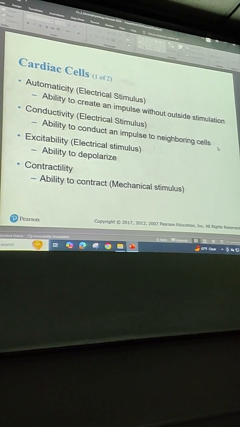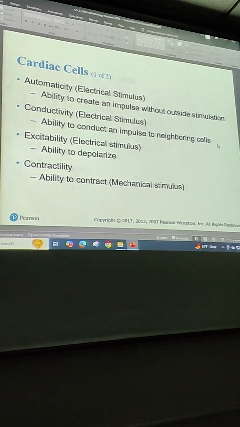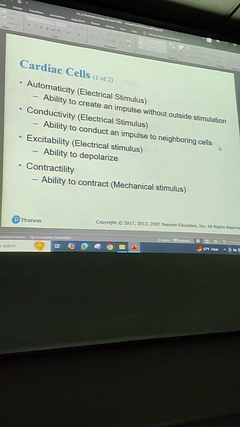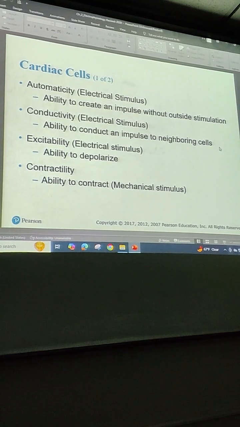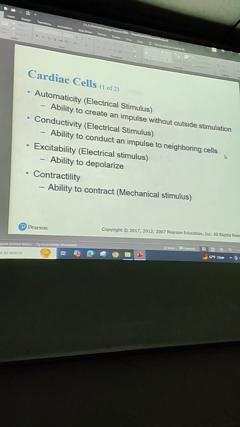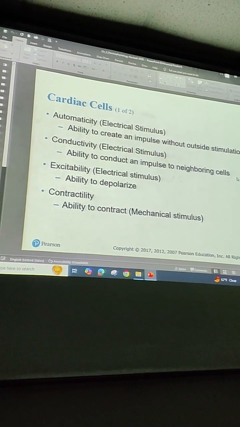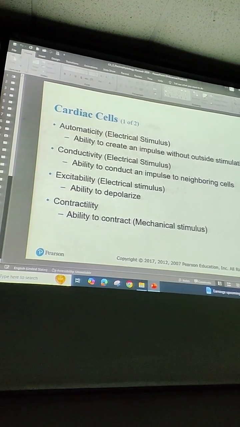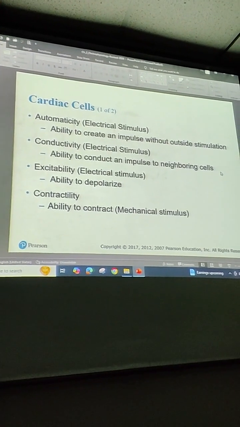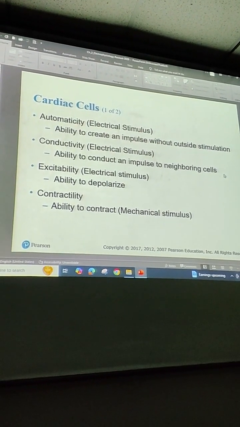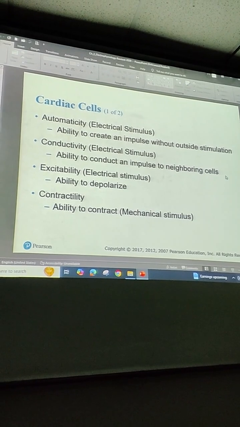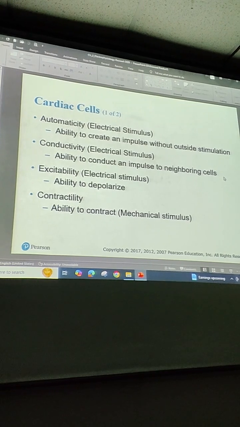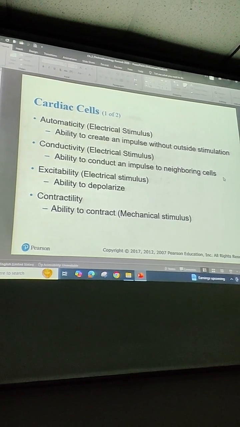So these cells don't need to be triggered by anything. If they are automatic, whenever they have to become active, they do it without receiving any stimulus from anything. Let's say the pain receptors. In order for the pain receptors to be activated, I have to pinch you, I have to hit you.